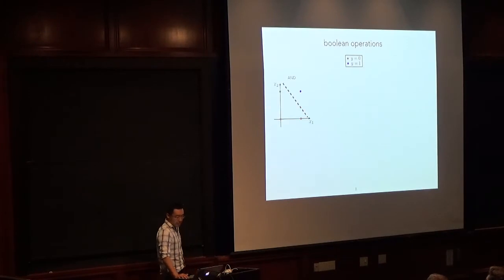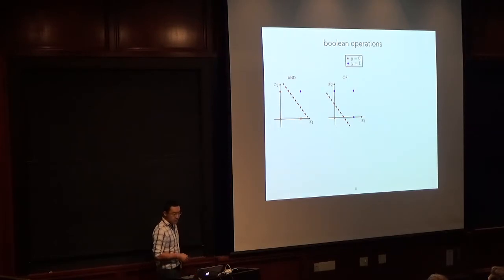Okay, so to think about this a little bit more concretely, we're just going to warm up slowly to full-fledged deep learning, and we'll think about things that look like Boolean operators, or at least decision functions that look like Boolean operators. So we have an AND operator and an OR operator on x1 and x2.